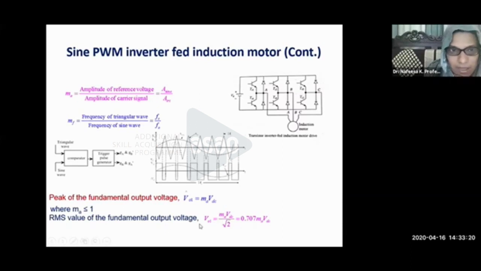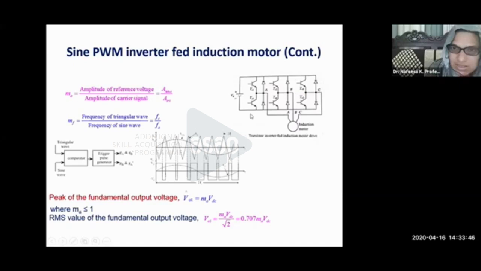And the RMS value of the fundamental output voltage, you can write as VO1 by root 2, which is equal to MA VDC by root 2, which is equal to 0.707 MA VDC. And this is the principal operation of a PWM inverter.